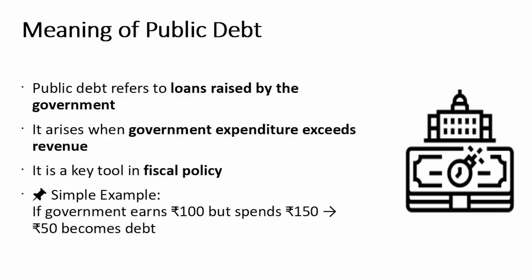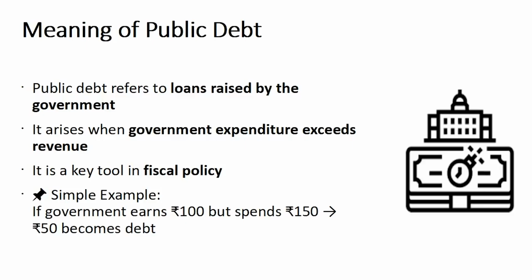Now, based on what we understood, public debt simply means the money borrowed by the government. Why does it borrow? Because its income, mainly from taxes, is not enough to meet all its expenses. Government has to spend on roads, schools, hospitals, defense, welfare schemes.